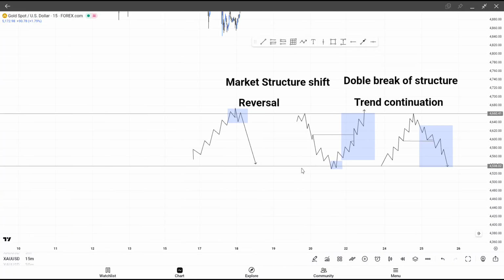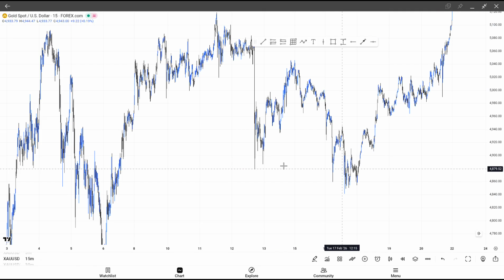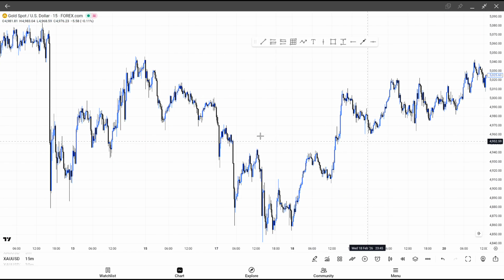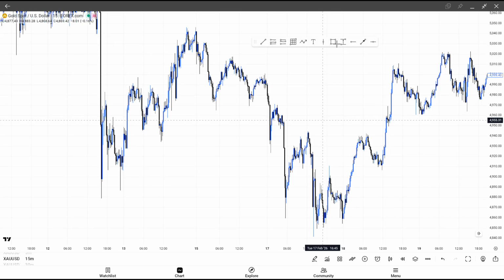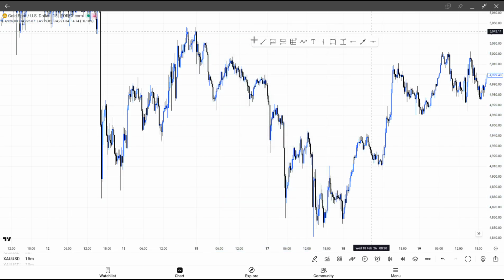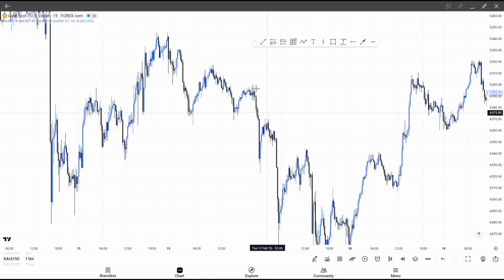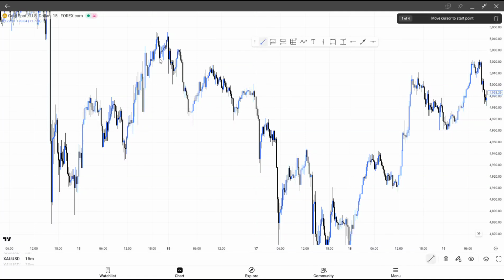Let's go to the chart for you to see what I'm talking about. For example, we are coming to take this bearish market. Okay, focus on this bearish market. We have a market structure shift, let's say around this place. Why?